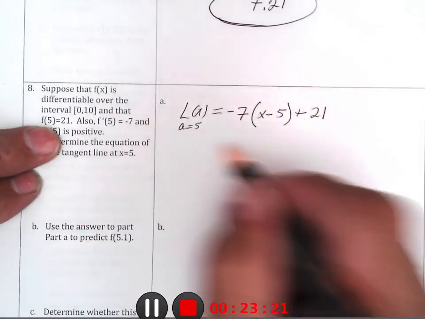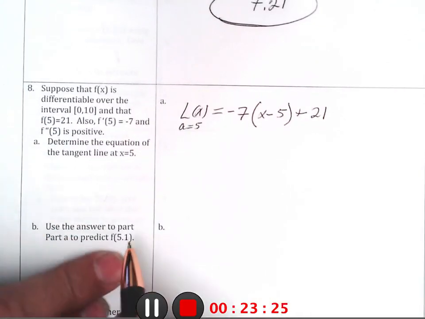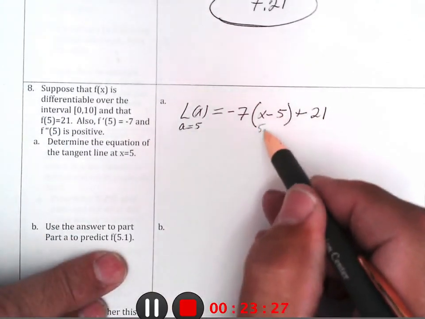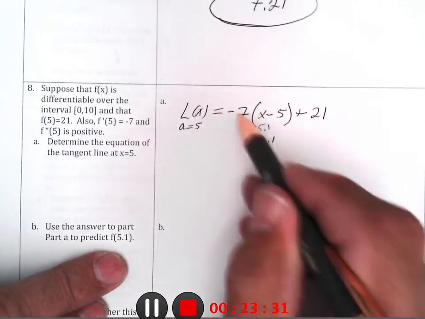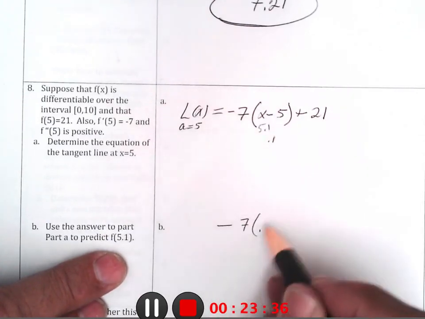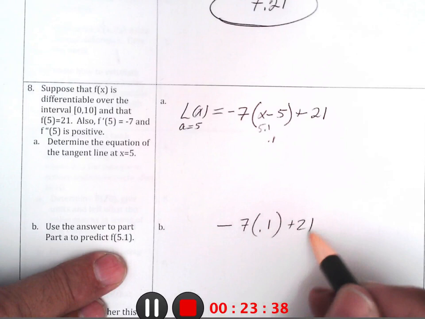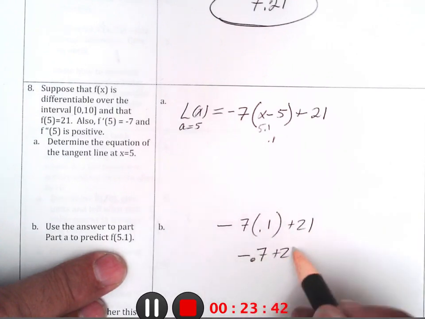Done. And that's your part to do 5.1. So we put 5.1 in there. 5.1 minus 5 is 0.1 times negative 7. That would be negative 7 times 0.1 plus 21. So that's negative 0.7 plus 21, or 20.3.